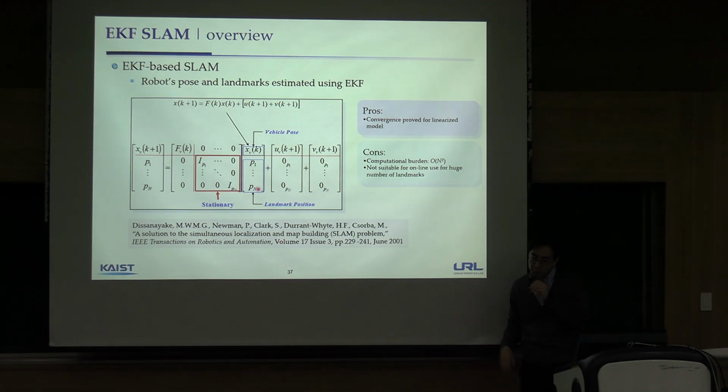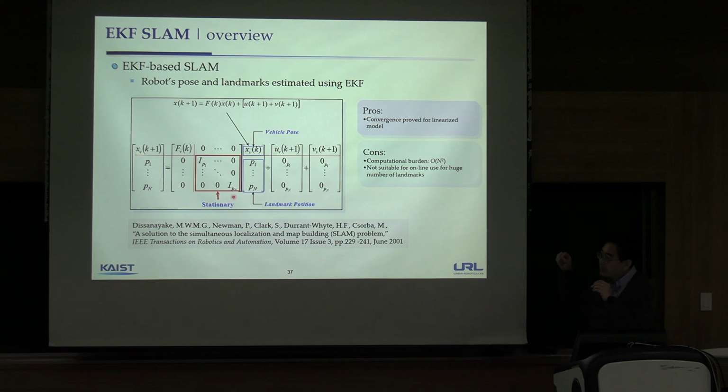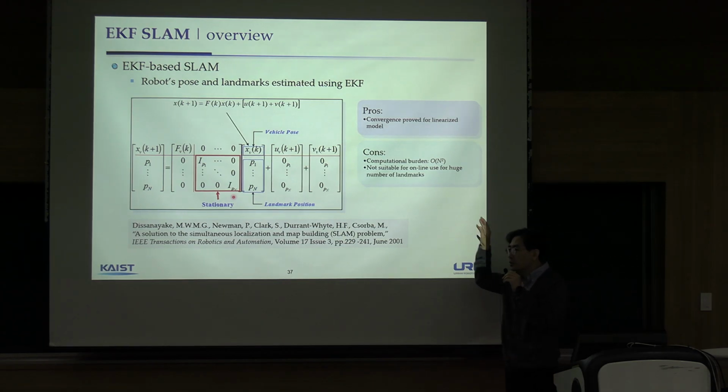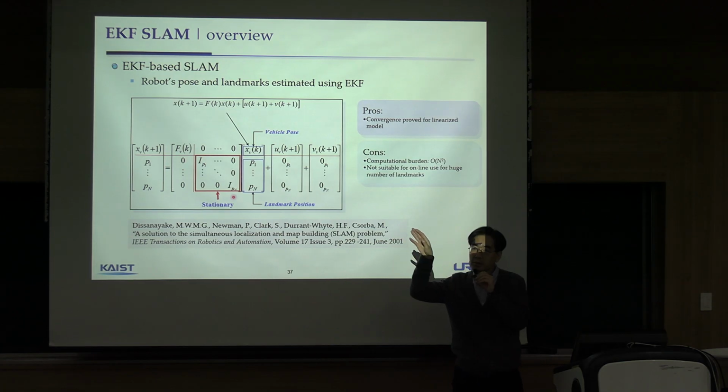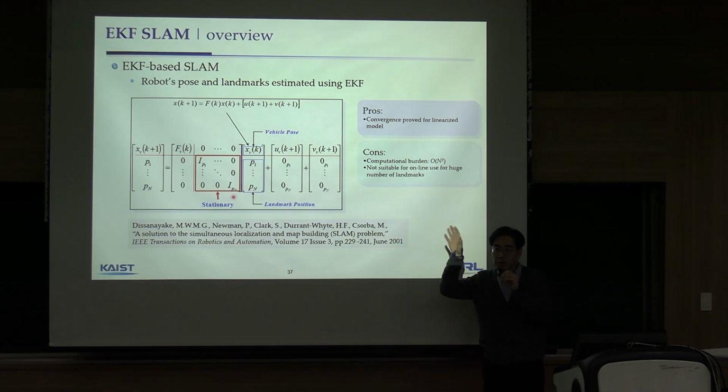The convergence was proved for the linearized model, but there is some computational burden because this requires n by n matrix inversion. As we already have seen, in the EKF there is the S inverse matrix, the innovation covariance inverse matrix, that requires n by n matrix inversion.